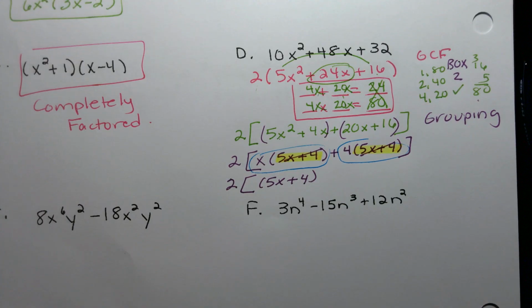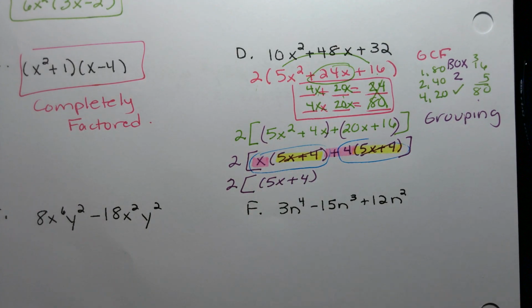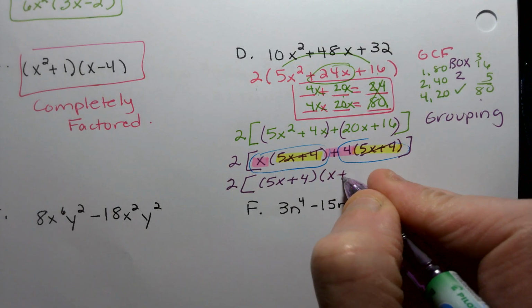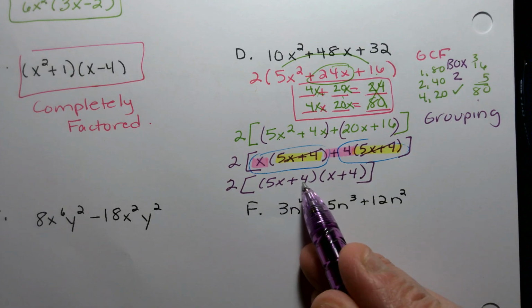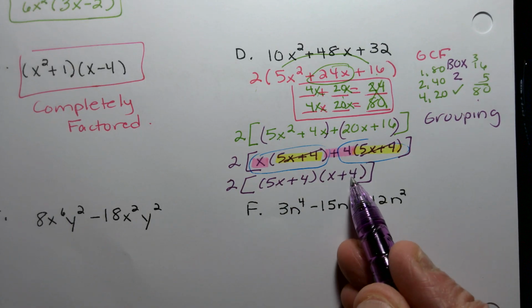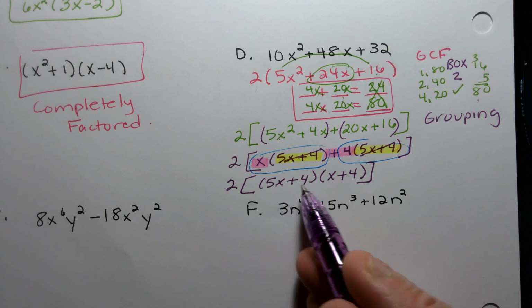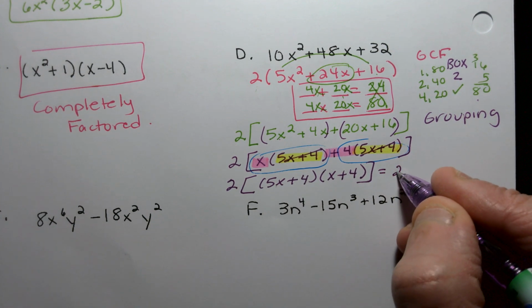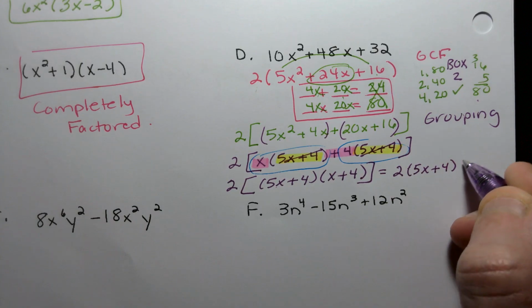Now we're going to see what's left. x plus 4 goes in our other parentheses. All right, anything else? No, those are two terms, and so they either are GCF or difference of squares, and nope. So I can remove the bigger bracket and just leave the smaller ones in there.